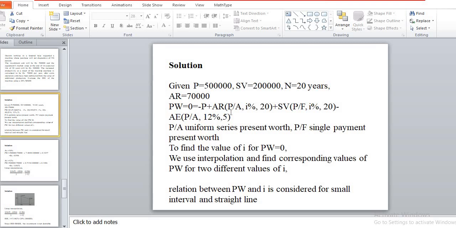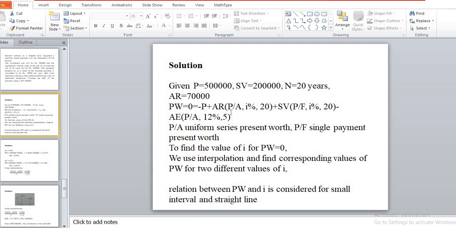This P by A is the uniform series present worth factor, and P by F is the single payment present worth factor. These are the present worth values.